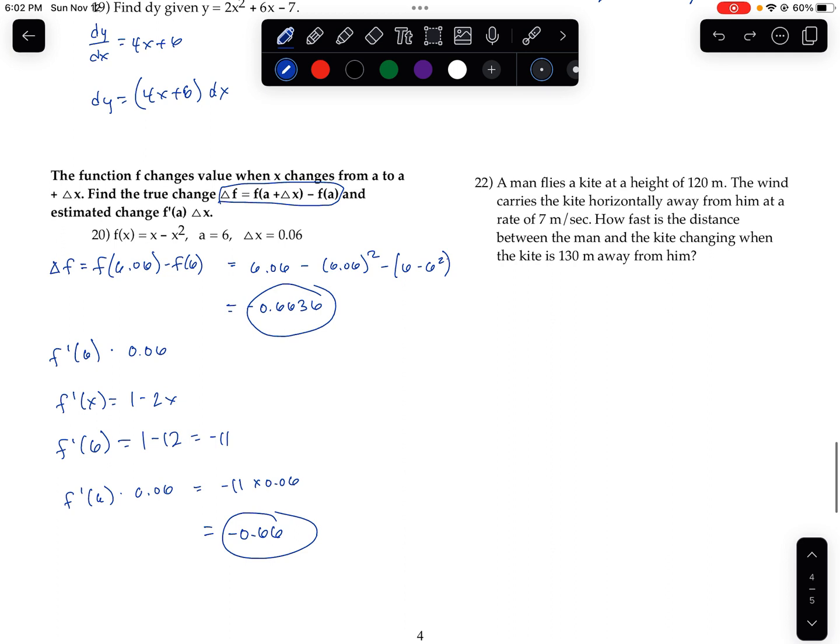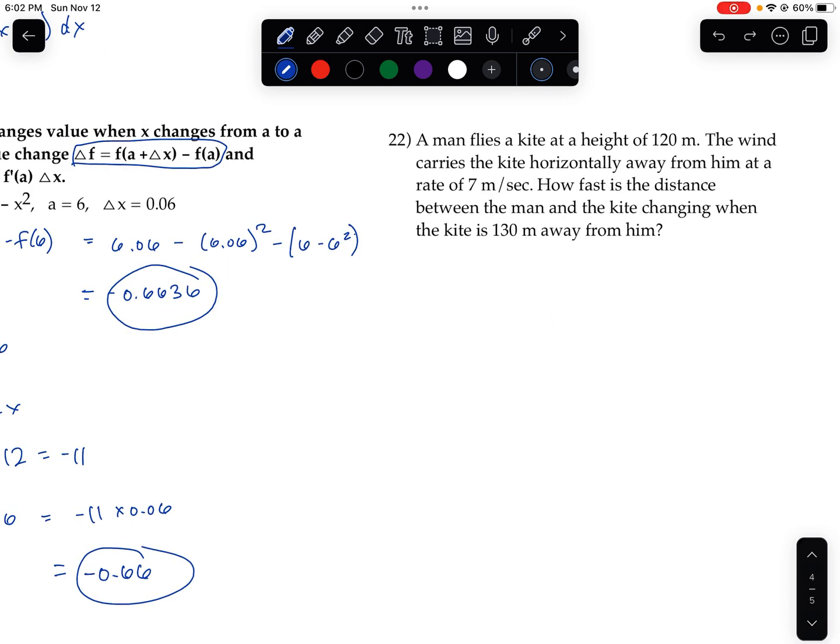Okay, one more. A man flies a kite at a height of 120 meters. The wind carries the kite horizontally away from him at a rate. So, here's the kite, and the man.